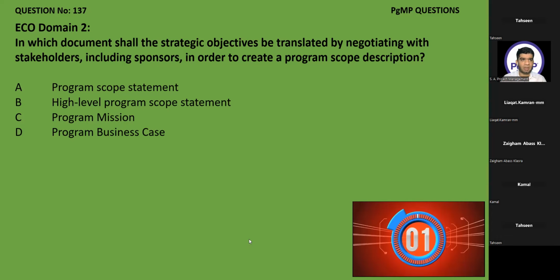Answer A is possible, B is possible. Program mission is not possible because we are not talking about the direction or mission statement. Program business case is also not possible because we are talking about the scope, and scope only comes after the charter. So it can be either A or B.